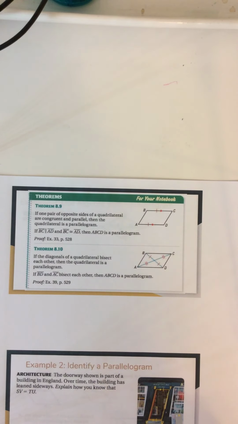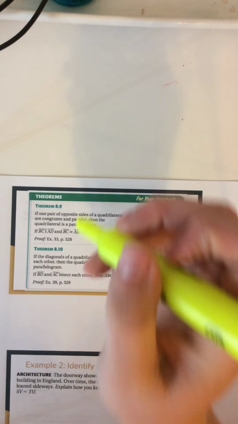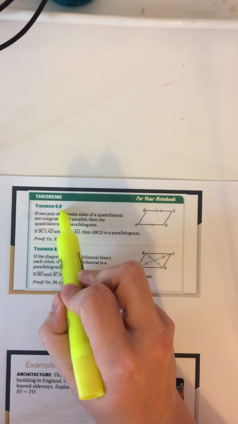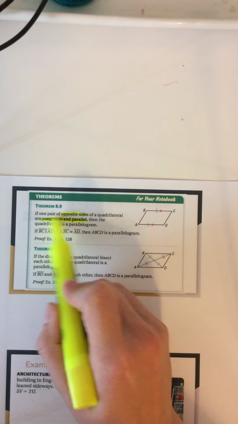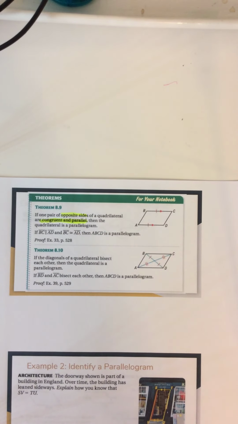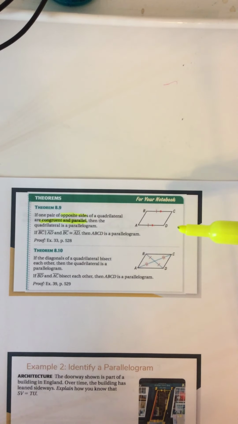This is kind of like the newer theorem for today. And it says if one pair of opposite sides of a quadrilateral are congruent and parallel, that's the big thing right there, congruent and parallel, then the quadrilateral is a parallelogram. So showing that one pair of opposite sides is congruent and parallel, that's enough to say it's a parallelogram.